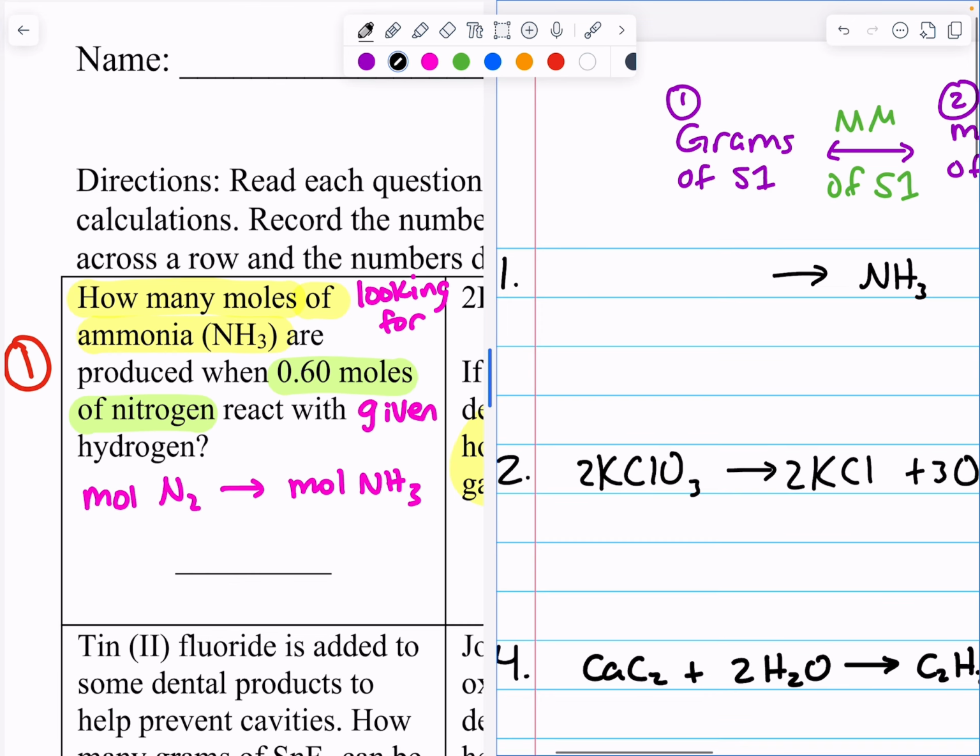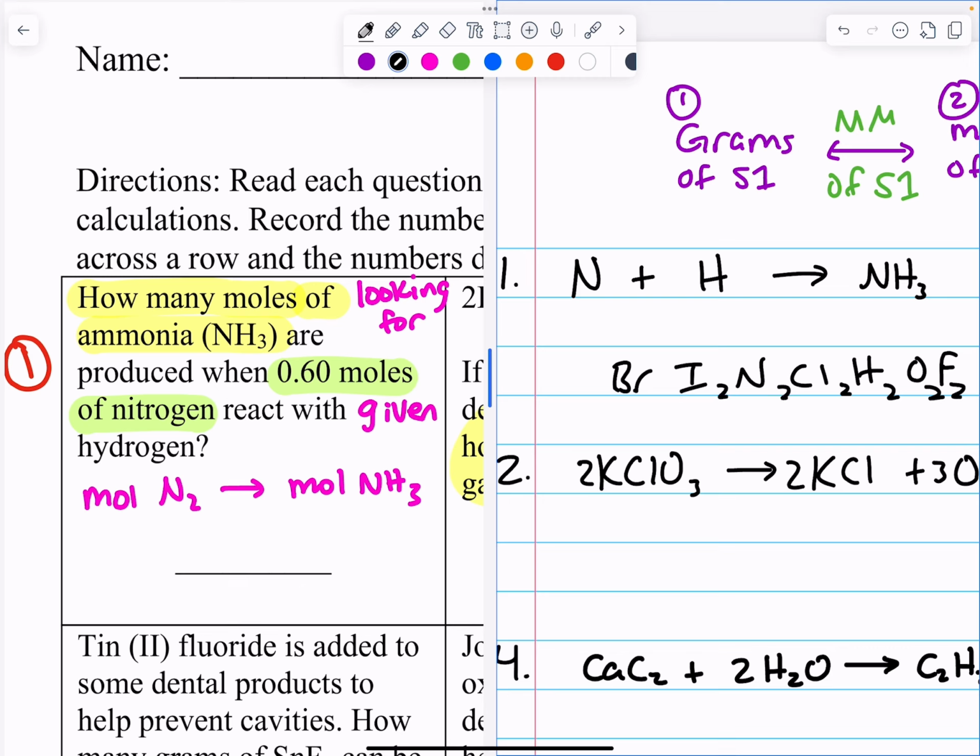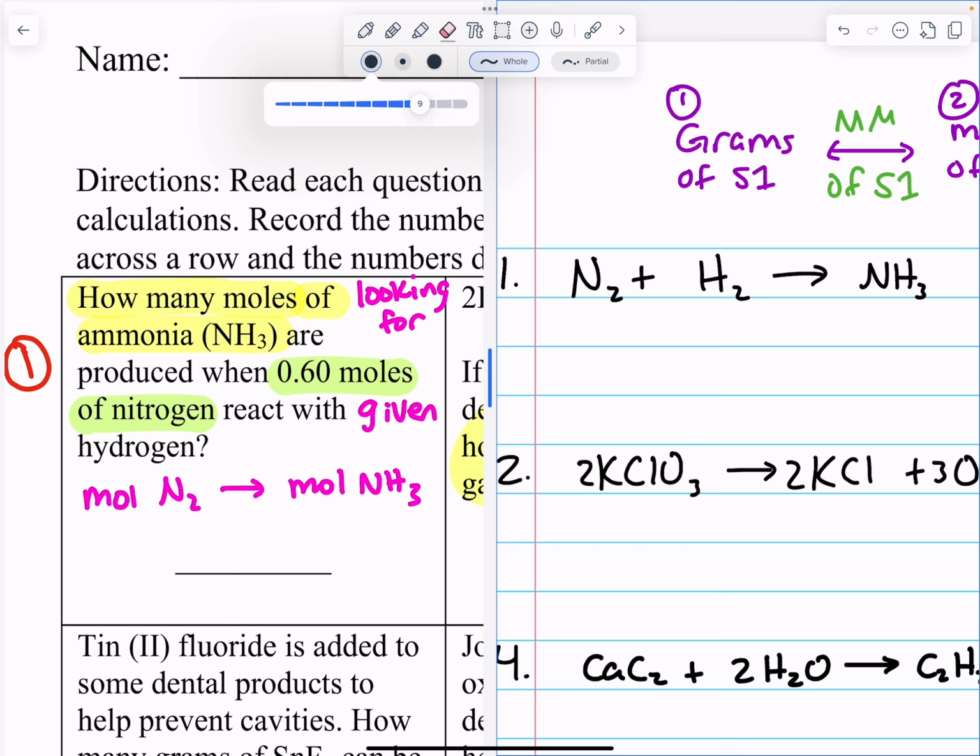Remember, Brinkelhoff elements are diatomics. These guys can't stand alone. They come in pairs. So nitrogen and hydrogen are all Brinkelhoff, so I will put a 2 there in my chemical equation. If I didn't put that 2, I would get the whole thing wrong, because then you wouldn't be able to balance it correctly. So be careful with that.